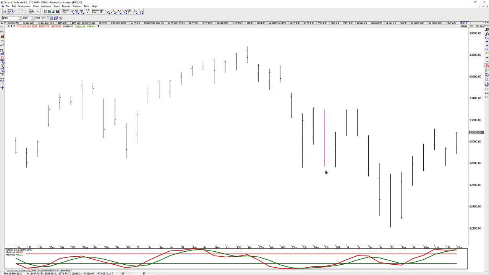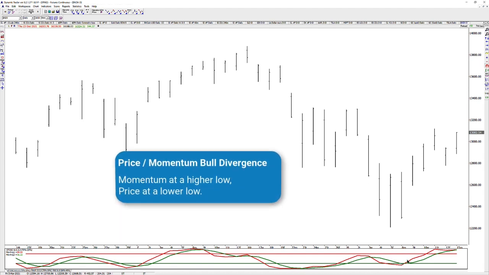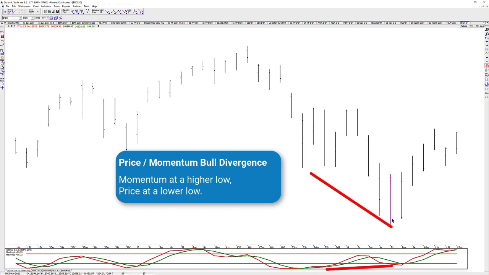Let's just go down and look at this data. We had a decline and then a momentum reversal to the bullish side, and the market went sideways for some time. And then the price declined to a new low, declined quite sharply. And then at this point in time, what do we have here? We have a swing low in the momentum which is higher than the prior low, yet the price is at a lower low.